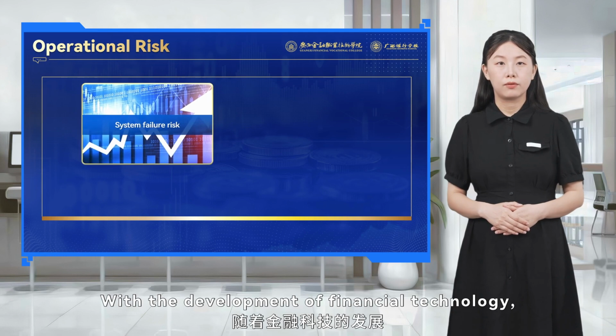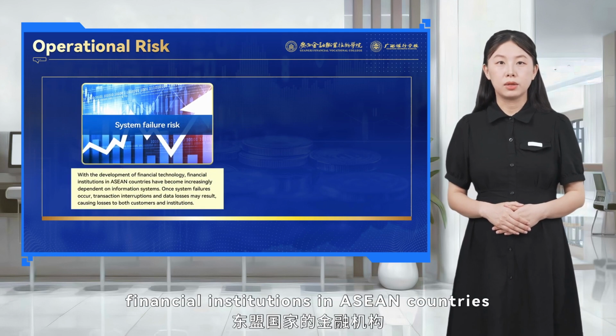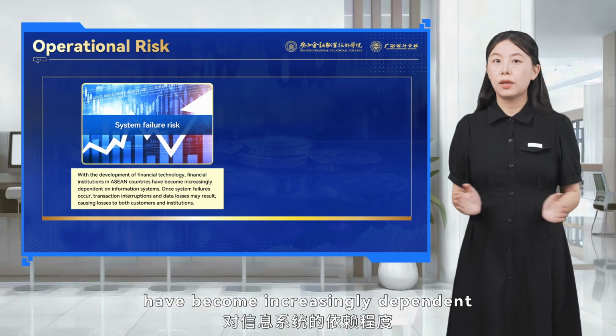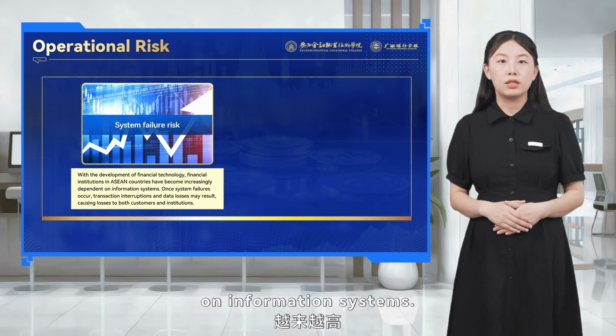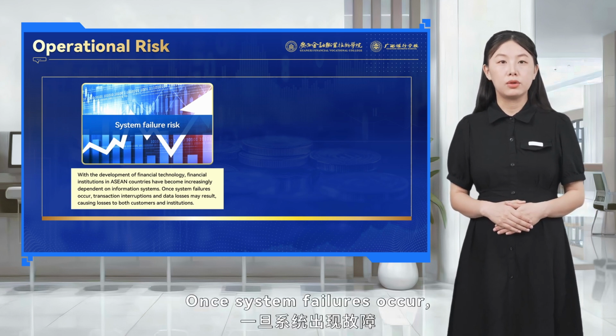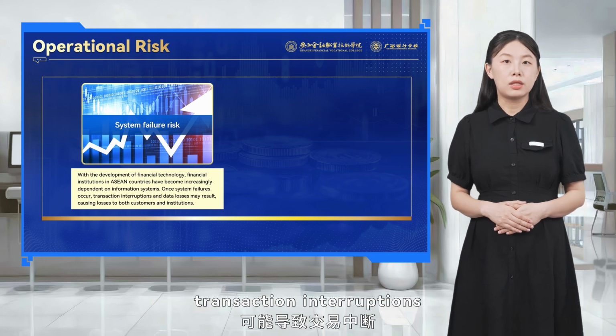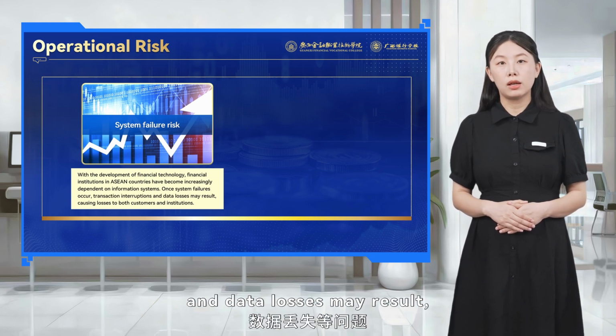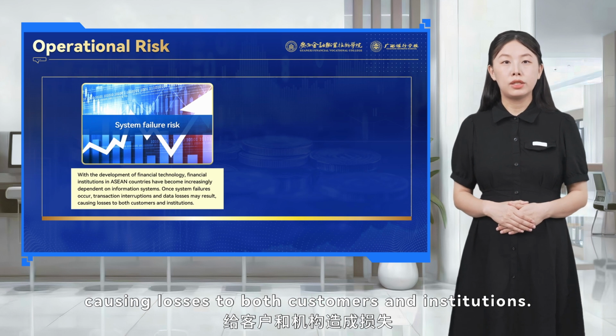With the development of financial technology, financial institutions in ASEAN countries have become increasingly dependent on information systems. Once system failures occur, transaction interruptions and data losses may result, causing losses to both customers and institutions.